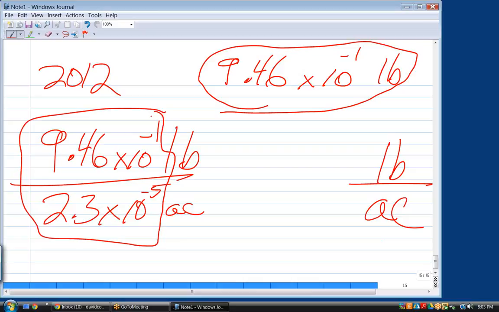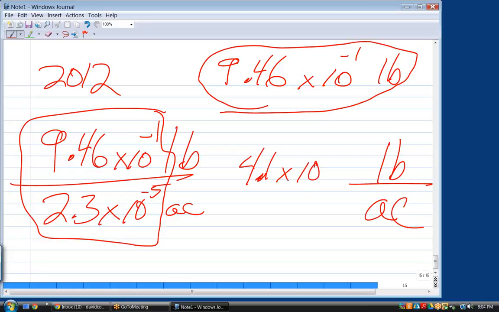Gotcha. What's 9.46 divided by 2.3? It's 4.11304344783. They probably want you to round it off to some number. Yeah, probably to the nearest tenth. Is that what they said? Yes. Okay, then that's what that's equal to. What's the 10 part?